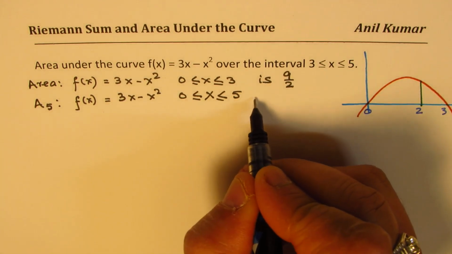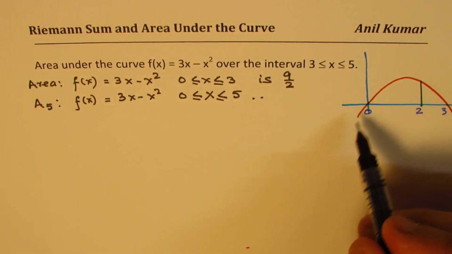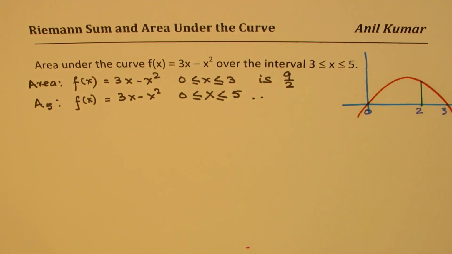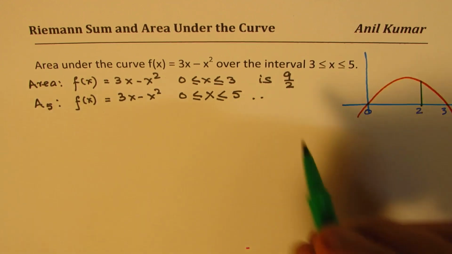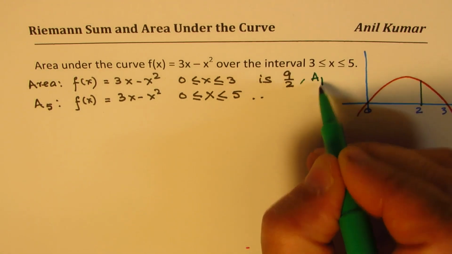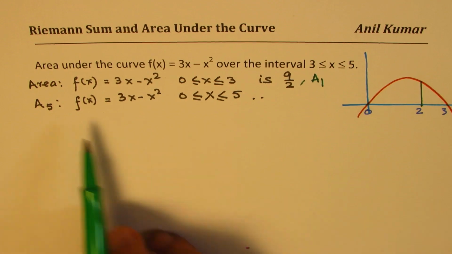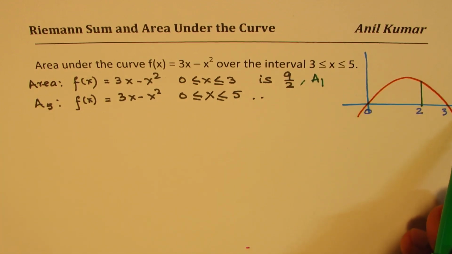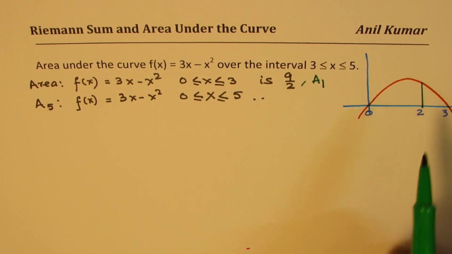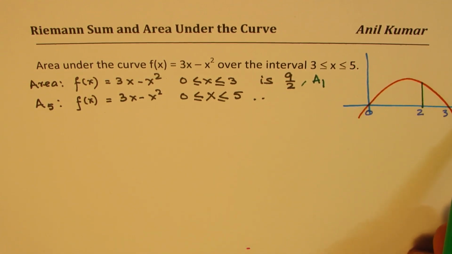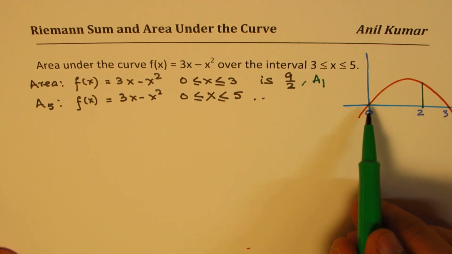Now this area will be the first area, which we're calling A1, right? Now, A5 will be what? A5 will be the sum of A1 and minus A2. Do you understand? So A5 is from 0 to 5.